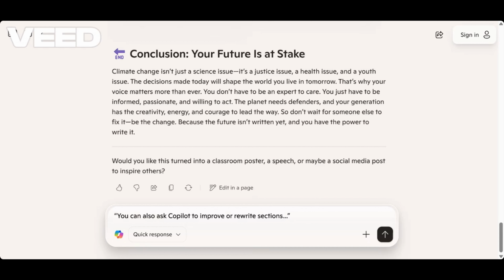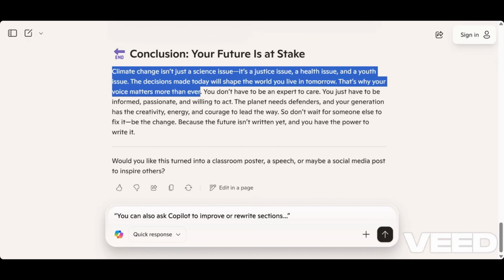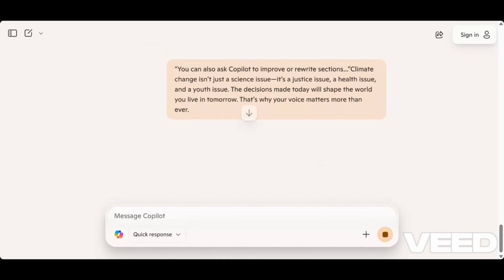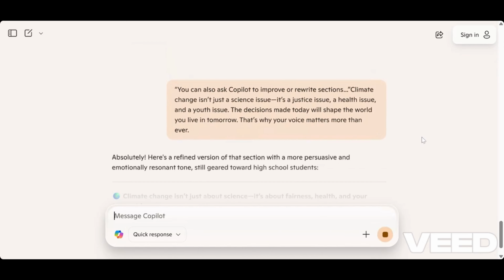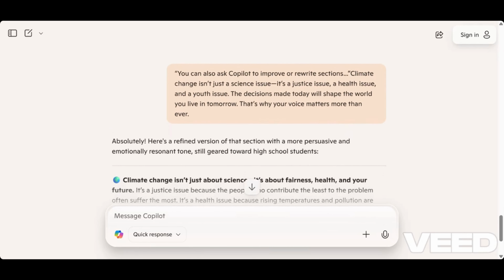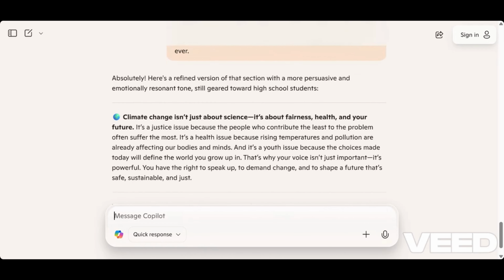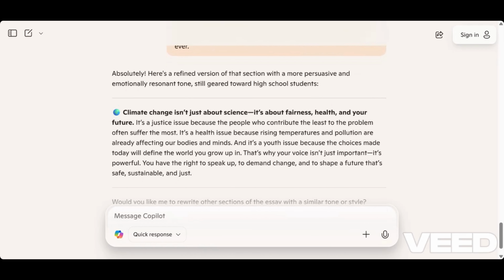So for us, we're going to put this in the prompt. Let's go ahead and copy and paste that. And it's going to now rewrite what I just copied and pasted into the prompt, giving you something similar to this.